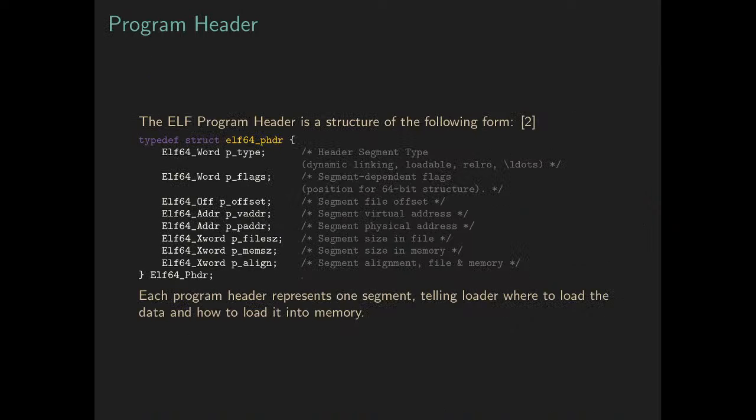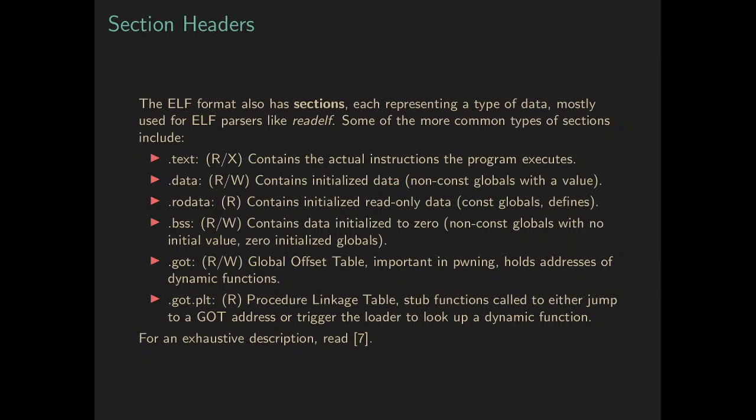Then you have the program header, which tells you how to load the binary into memory. We're going to delve into what that means later on. The section headers are useful whenever you have ELF parsers like readelf or objdump later on. But this is slightly different from program headers.